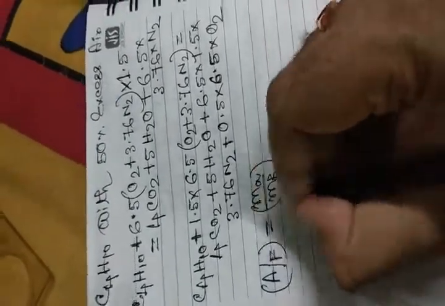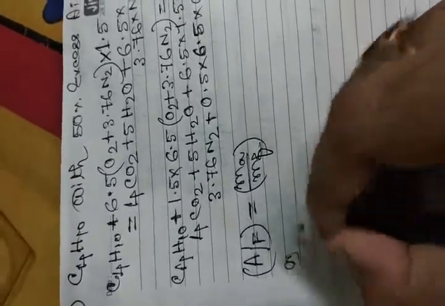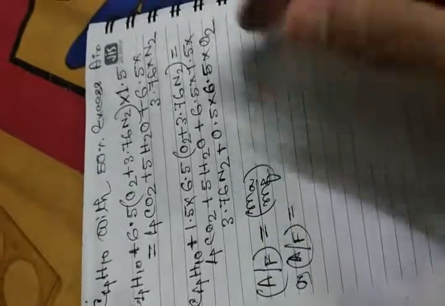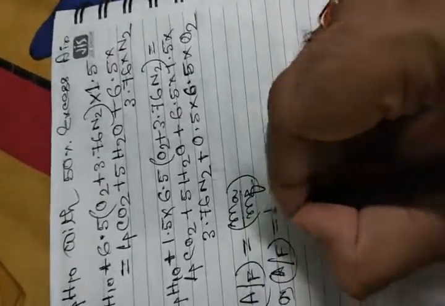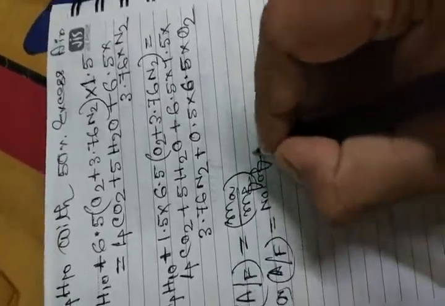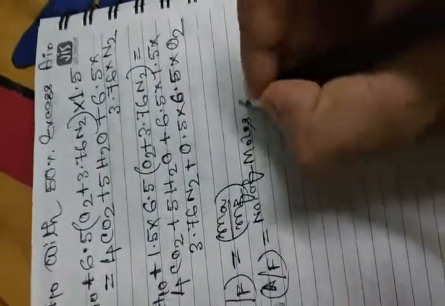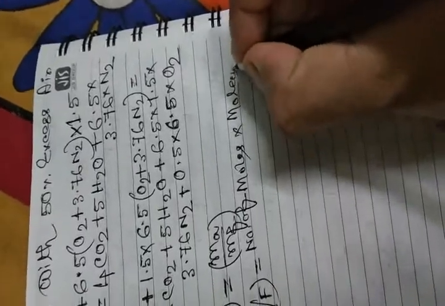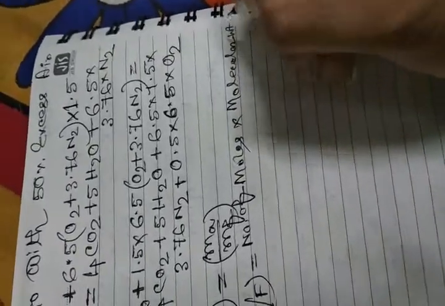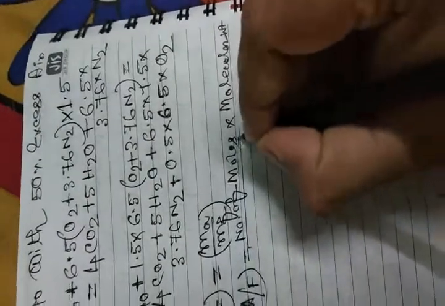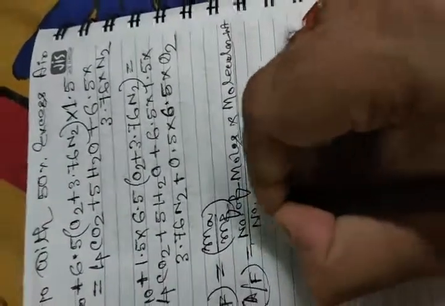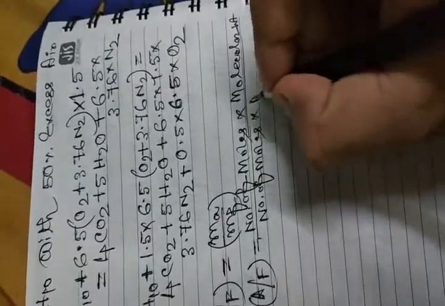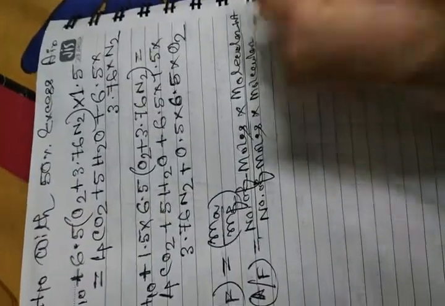Mass of air is number of moles into molecular weight, and similarly for fuel, number of moles and molecular weight.